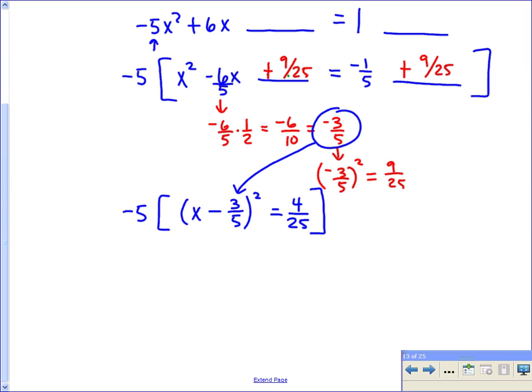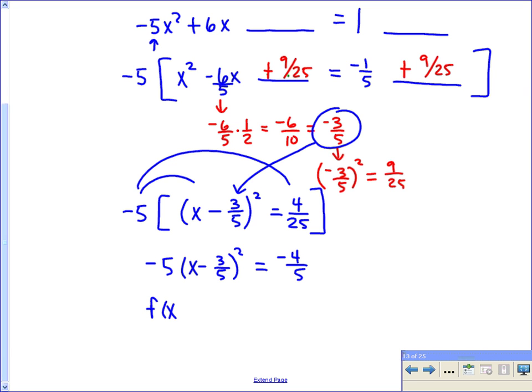At this point, I can go ahead and distribute this 5 back here and to this guy, and when I do that, I get -5 times x minus 3 over 5 parentheses squared is equal to -4 over 5. And now I want to get everything on one side and say it's equal to f of x.